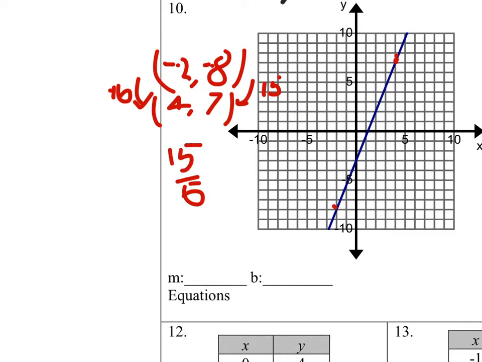Wait, is there an undo button? There. 2 over 5. There.